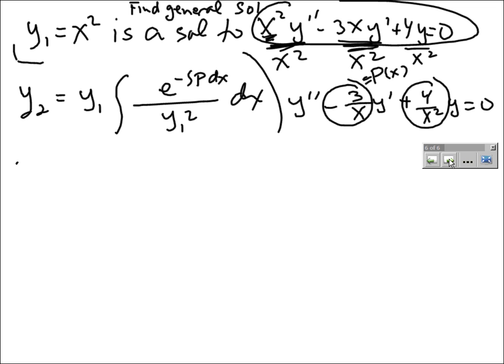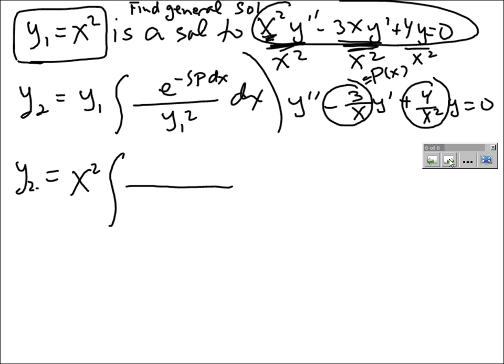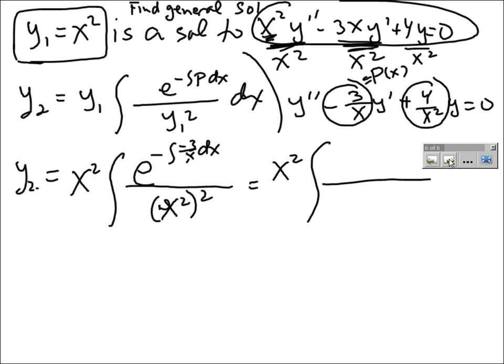Okay? So y2 is y1, which is x squared, that was given, times the integral of a fraction. E to the negative integral of negative 3 over x dx over y1 squared. We have x squared in front, and in the bottom, we're going to have x to the 4th.